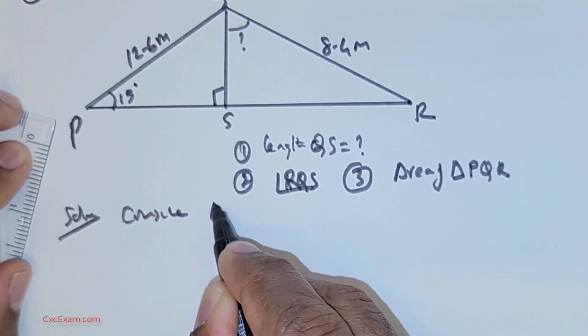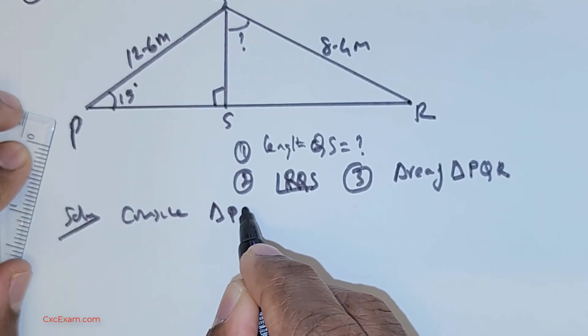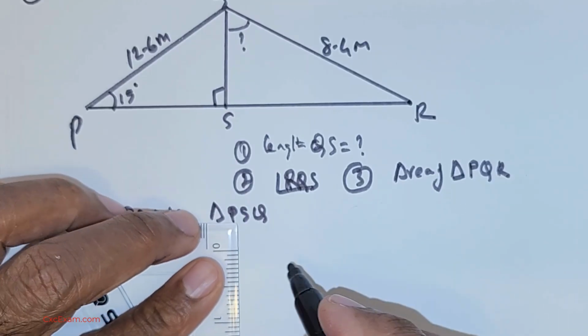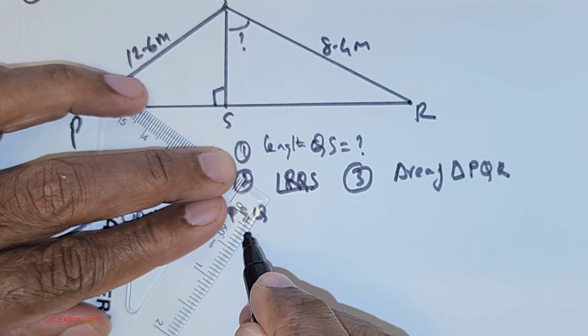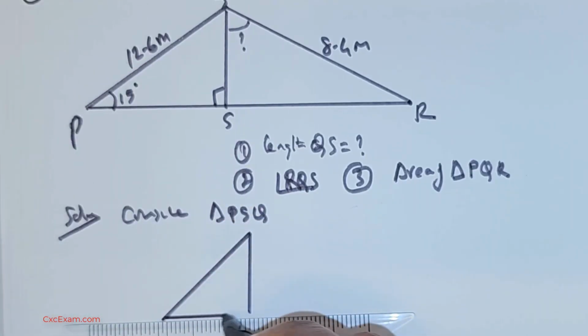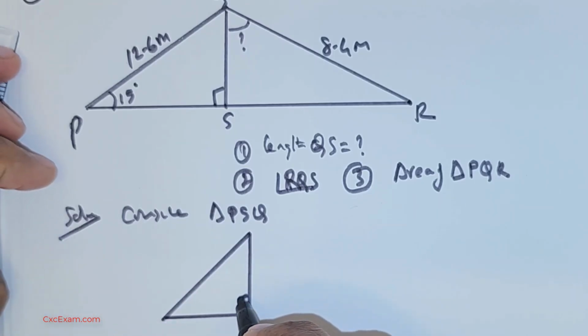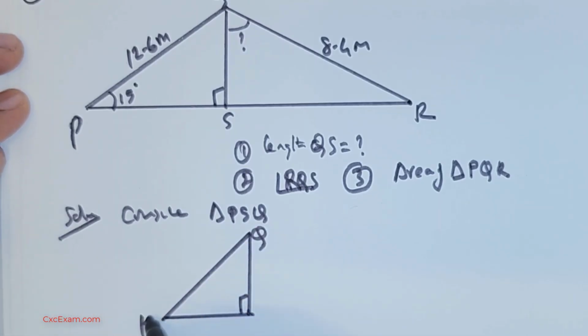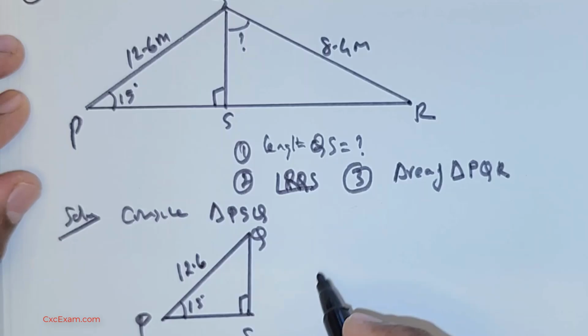Consider triangle PSQ. So draw a triangle. So this is 90, this is Q, this is P, this is S, this is 15 degrees. The hypotenuse is 12.6.